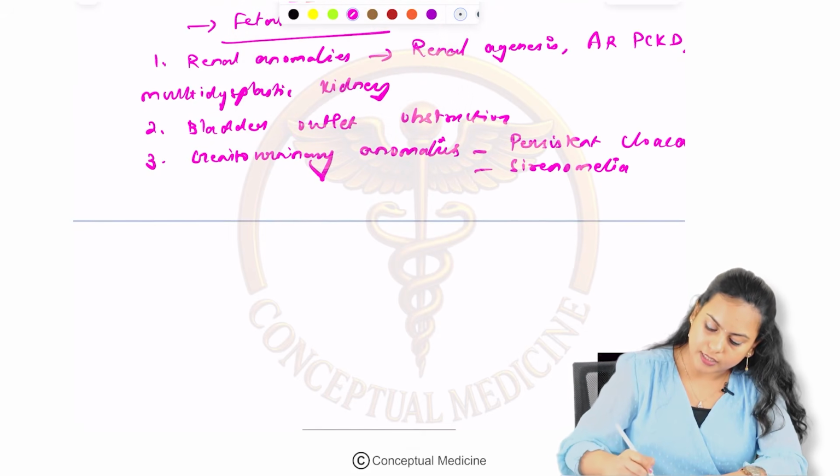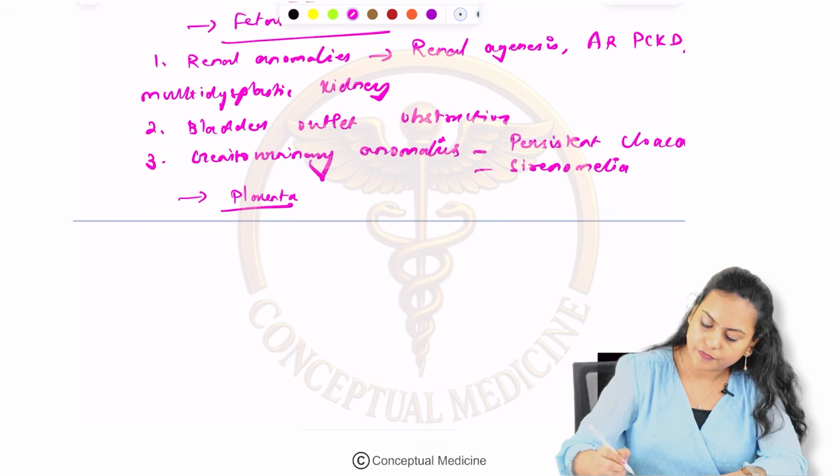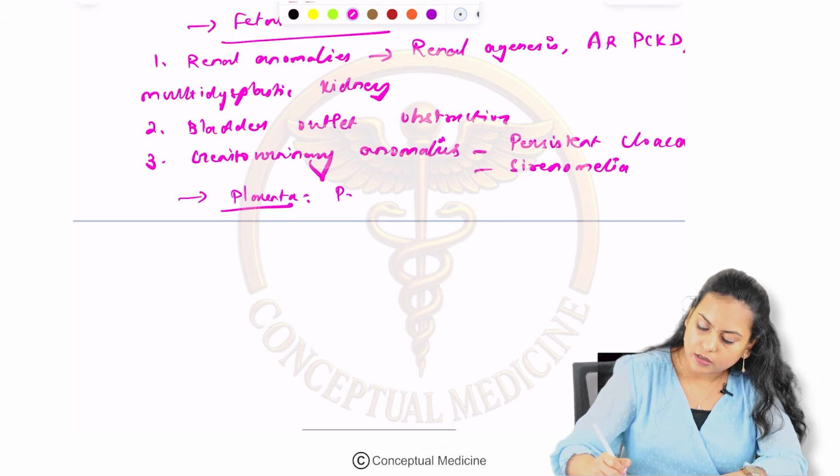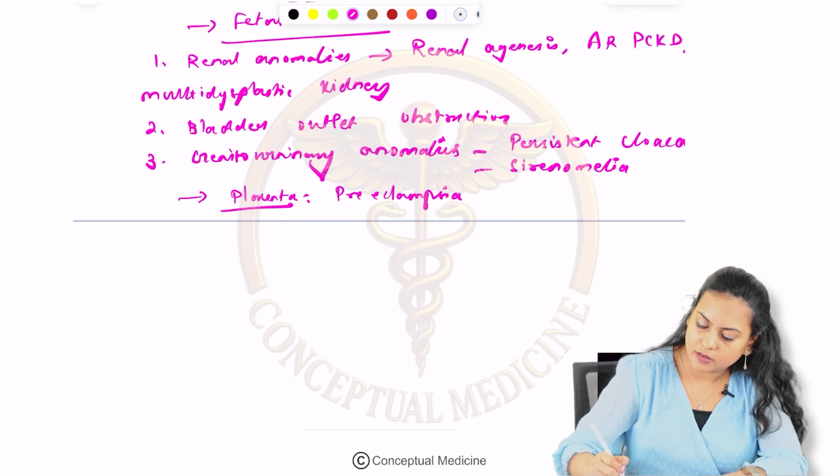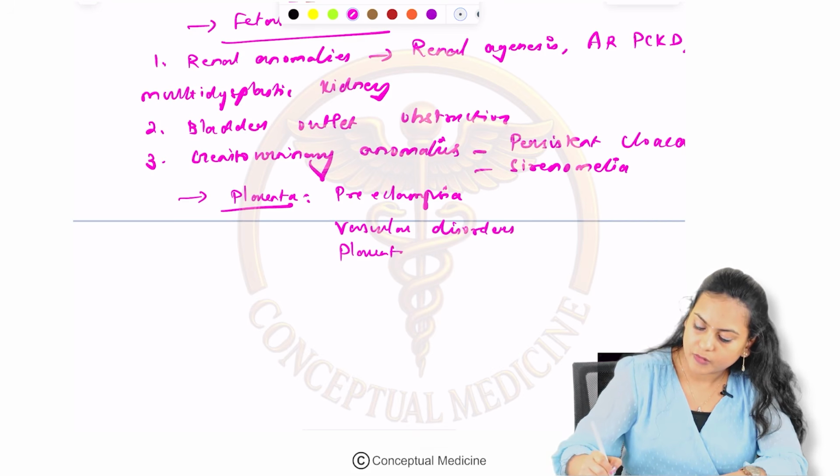Abnormalities can also be seen in the placenta, like preeclampsia or any vascular disorders, placental hematoma.